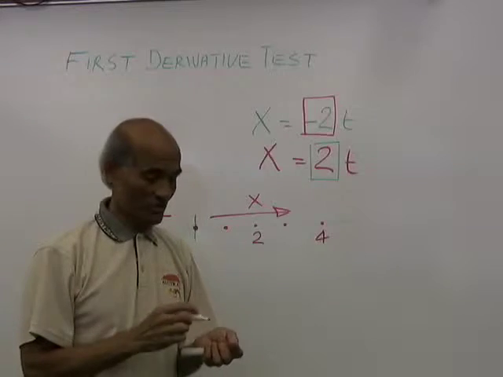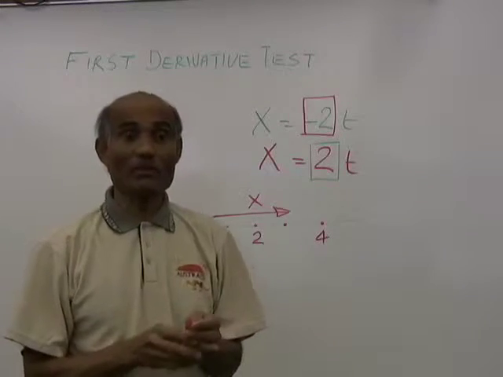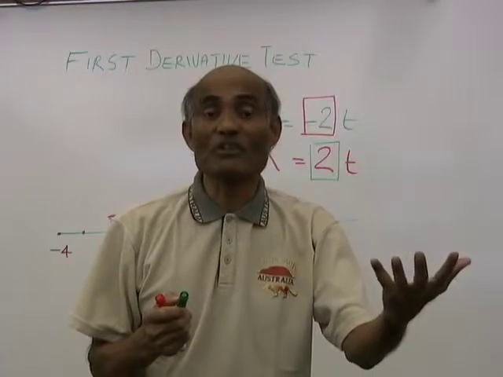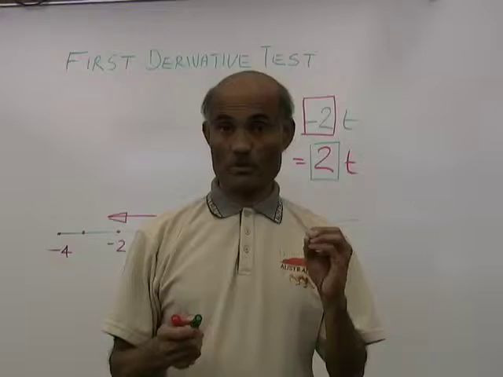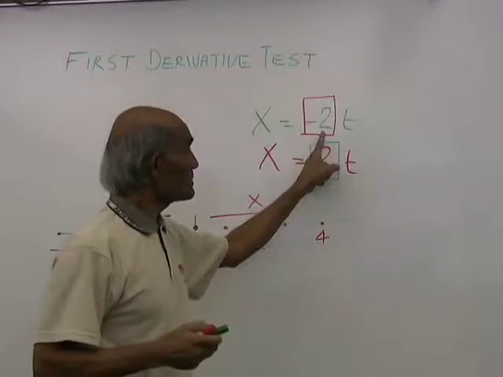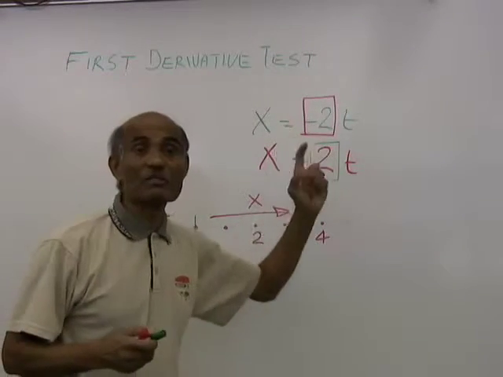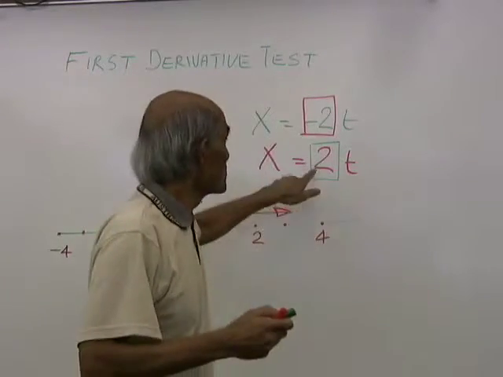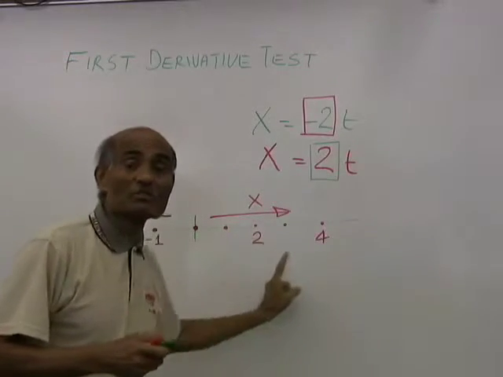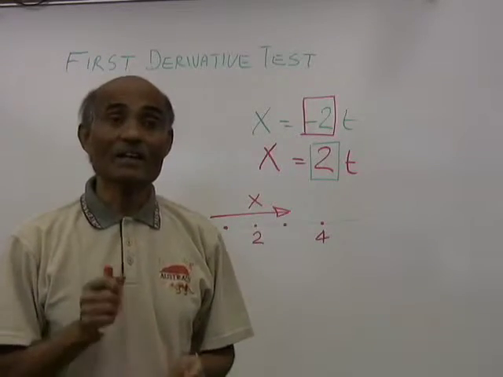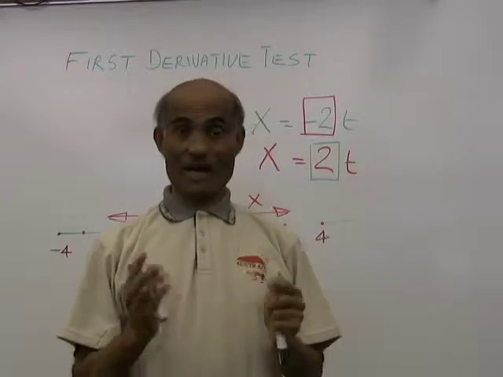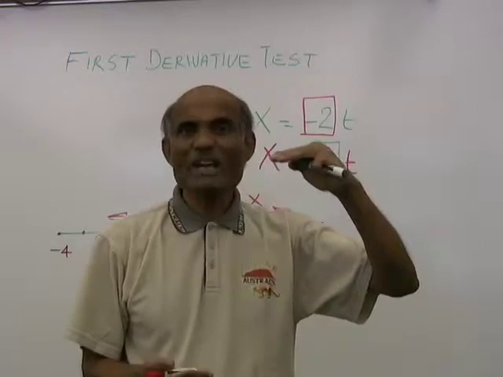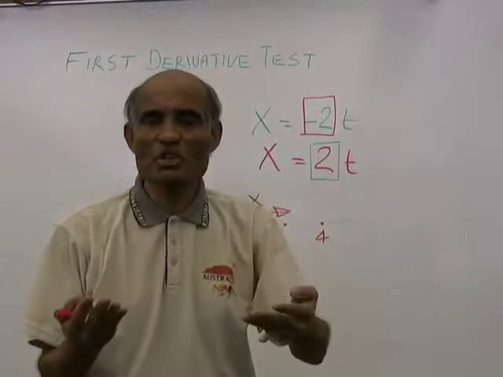Very important. So, we now have two pieces of information that the first derivative provides us. What are they? Well, if the derivative is negative, it tells you that the function is a decreasing function. If the derivative is positive, it tells you that the function is an increasing function. And from the last lesson, what does a critical number tell you?